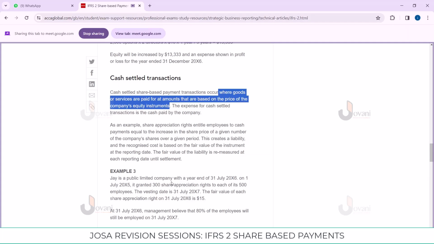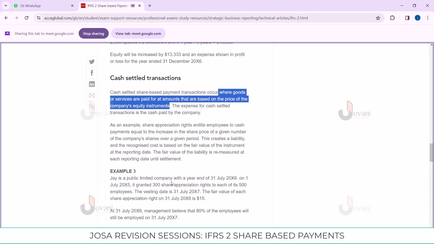An example, this is very important, share appreciation rights. You're going to find that we always talk about this, SARs, S-A-R-S. They entitle employees to cash payments equal to the increase in the share price of a given number of the company's shares over a given period of time.